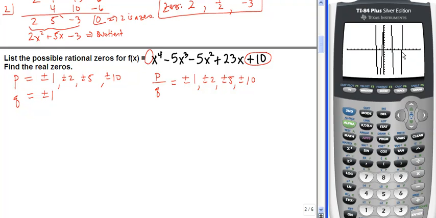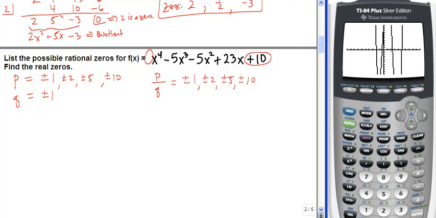And then this one over here on the right looks like it's at 5. So out of those 4 zeros that I am seeing, it looks like the two nice ones would be -2 and +5. And those are in my list of p's over q's. So what we're going to do is perform our synthetic division using -2 as a guess and using +5 as a guess. And then we'll go from there.